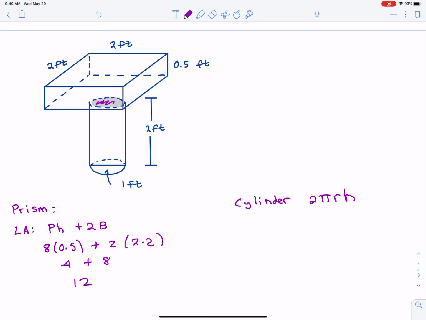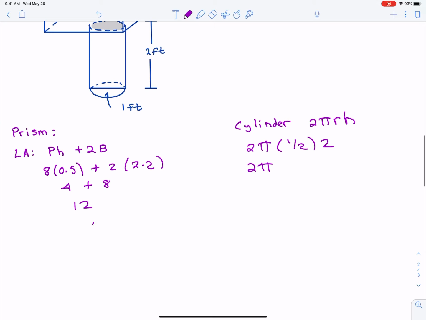So let's go find the surface area of that cylinder. So it is 2 pi. The diameter is 1, so R is 1/2, and H is 2. So we get 2 times 2 is 4, times 1/2 is 2, so this becomes 2 pi.